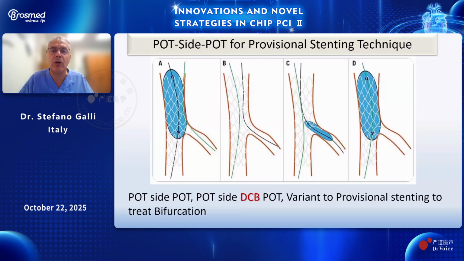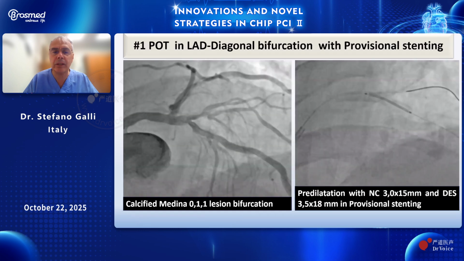It's also very important if you want to use this technology for POT-side-POT for provisional stenting technique. This is a typical case. We have a discrepancy between proximal and distal.